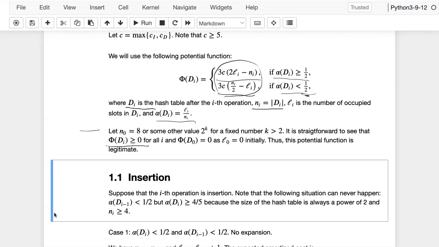And then initially, phi of D sub 0 is equal to 0 because initially there isn't any occupied slot, where L sub 0 is equal to 0. Hence, this potential function is legitimate.